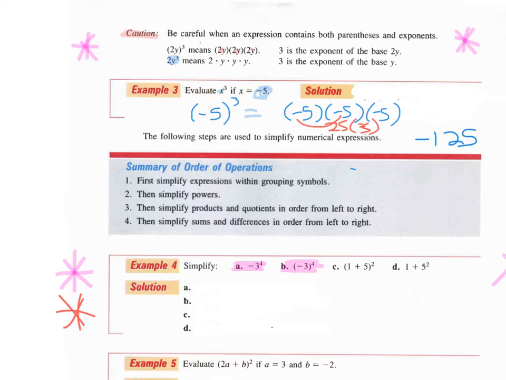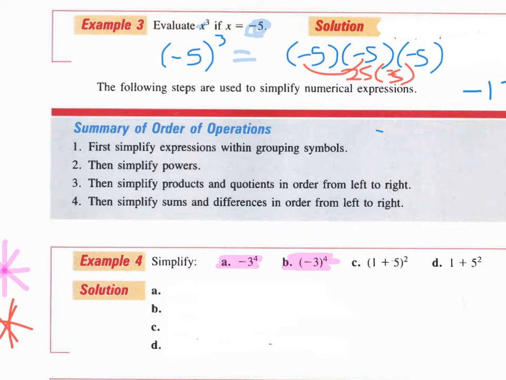Or you can also think about it as there's no parentheses holding that negative sign in, so it's going to come down, and then you're going to multiply 3 by itself 4 times. So 3 times 3 is 9. I like to do them 2 at a time, and then 9 times 9 is 81. So I get -81 on this one.